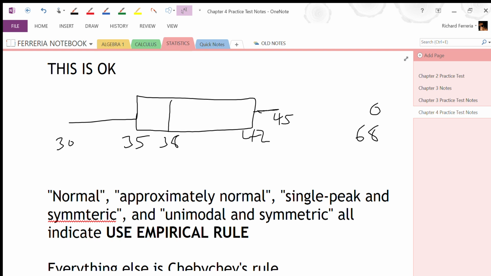Chebyshev's rule, when we have the 100, that equation is used to determine what proportion or what percentage of the observed values are within K standard deviations.